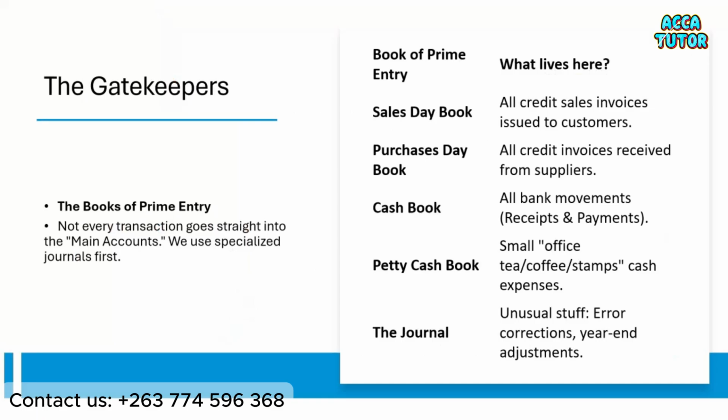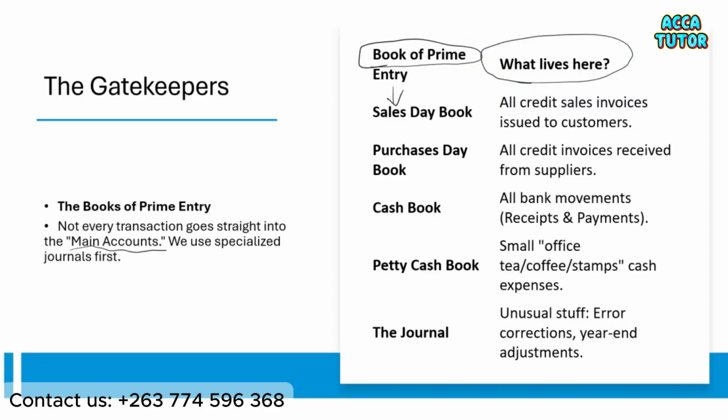Now, let's talk more about the books of prime entry. Like I said, not every transaction goes straight into the financial statements, the main accounts. We have to use specialized journals first. So let us look at the books of prime entry and see what they contain.